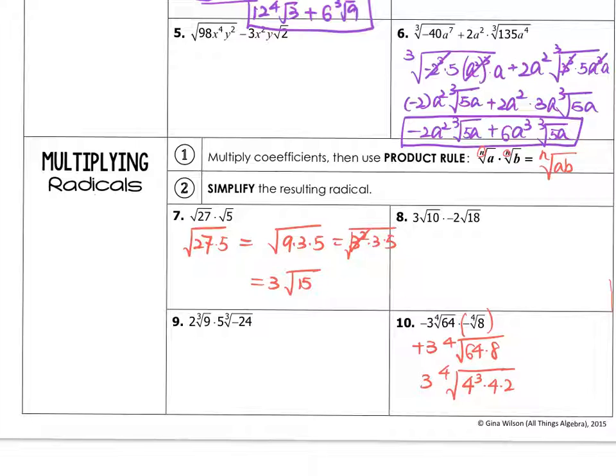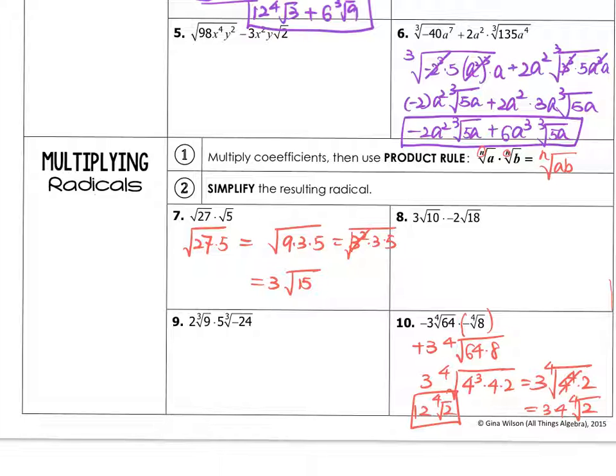So it's really 4 cubed. So because of that, I'm going to rewrite it, 4 raised to the fourth power. In this case, the 4 comes out, the base comes out, so your final answer is 12 fourth root of 2 for number 10.